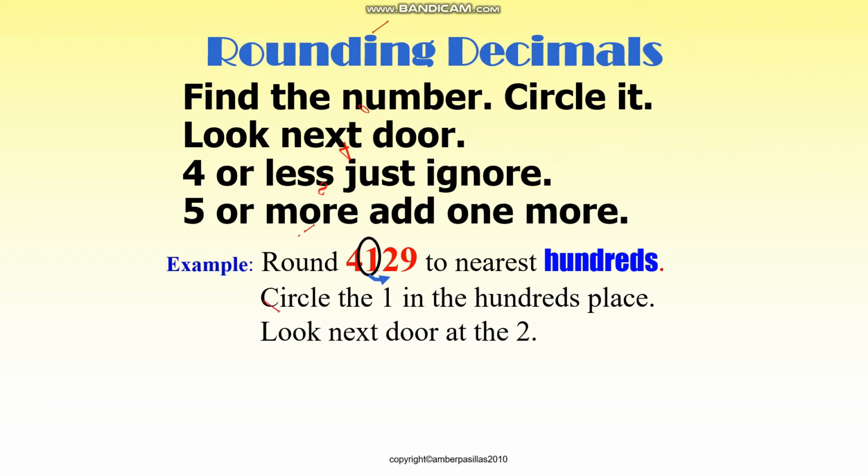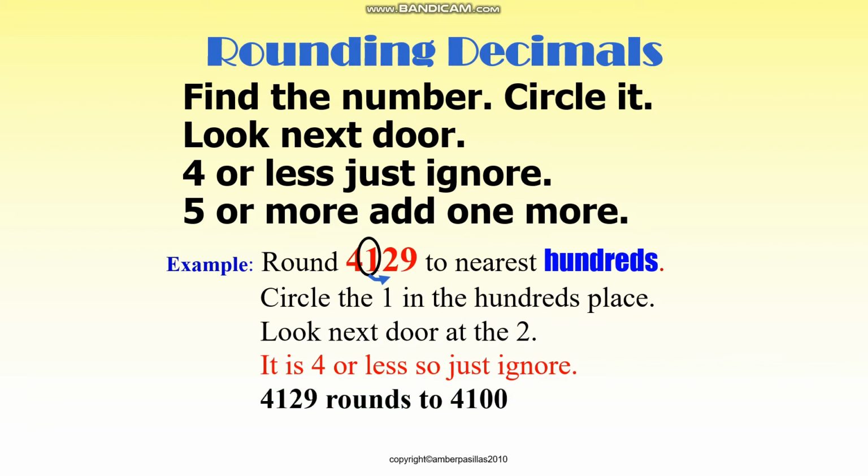If it is followed by 4 or less, you just ignore or just copy the digit that you are rounding. But if it is followed by 5 or more, you need to add 1 more. Based on this example, 1 is followed by 2, so it is 4 or less, so just ignore.